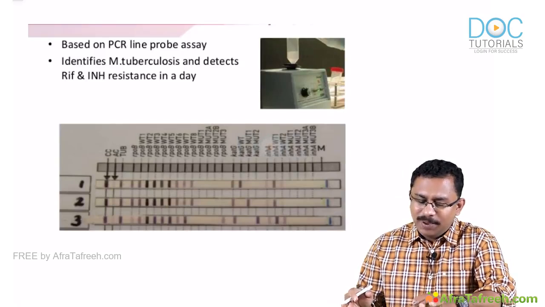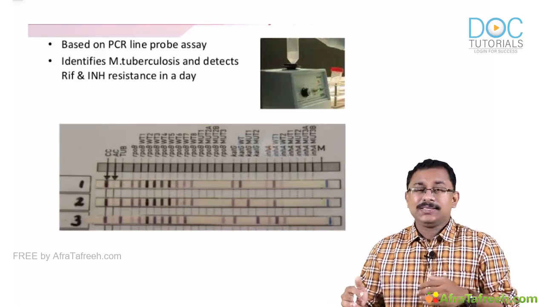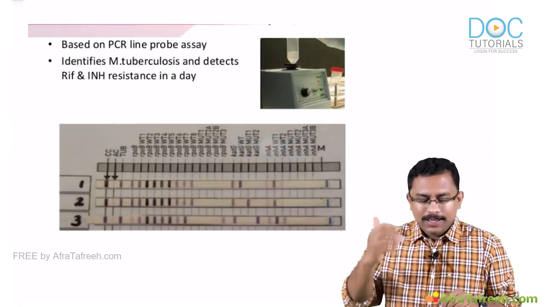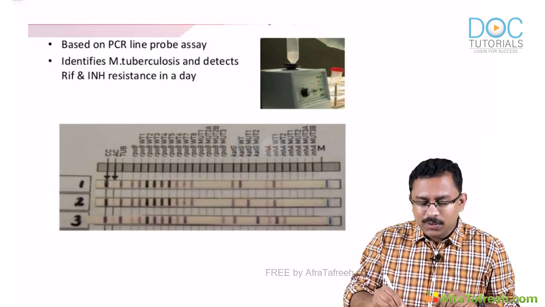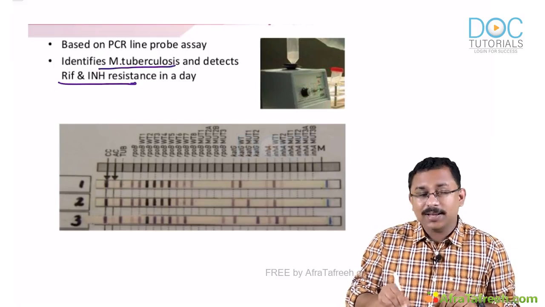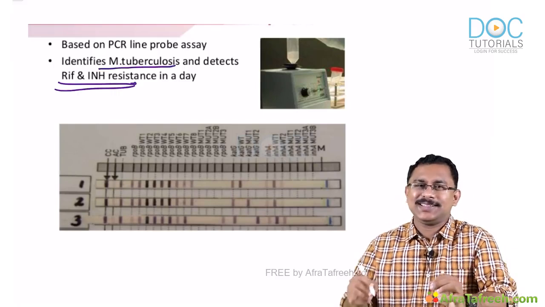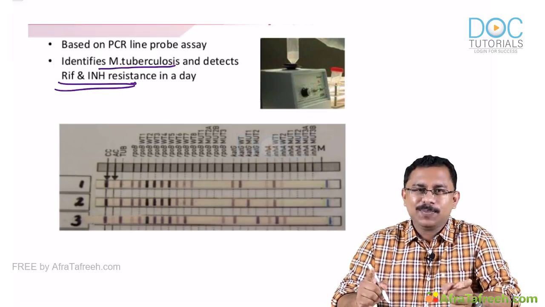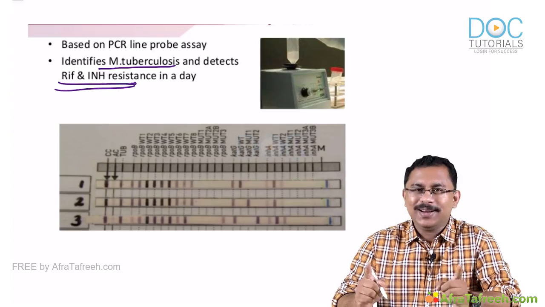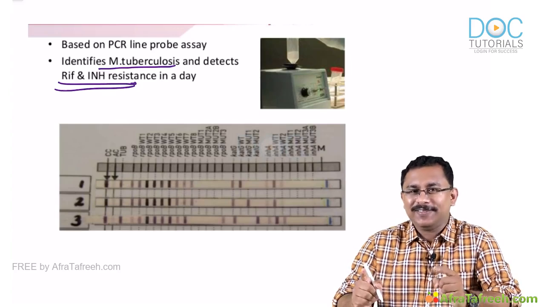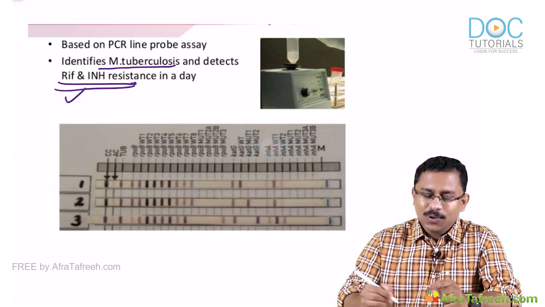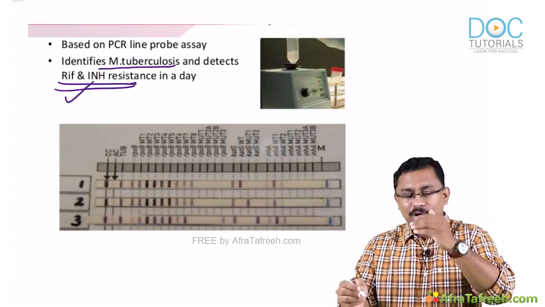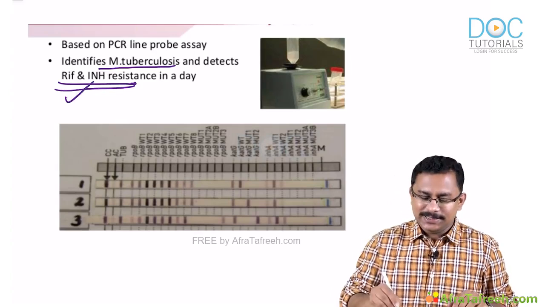But this line probe assay has certain advantages. In addition to detecting tuberculosis, it can detect both INH and rifampicin resistance. Remember, for Gene Expert, your CB-NAT, you were detecting only the rifampicin resistance. Here you can demonstrate your INH and rifampicin resistance.